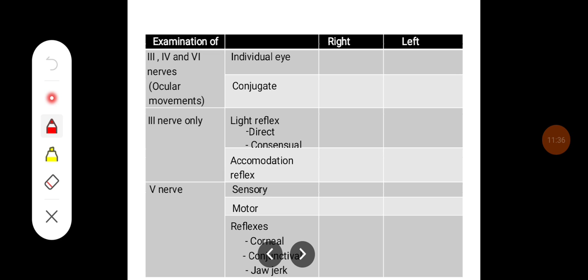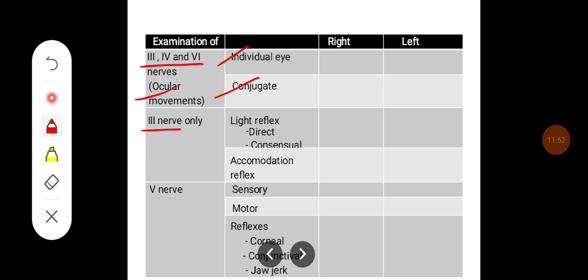Then the report has to be written in this manner, that is the examination of the cranial nerves which are related to the ocular movements. Both the individual and the conjugate movements are recorded.